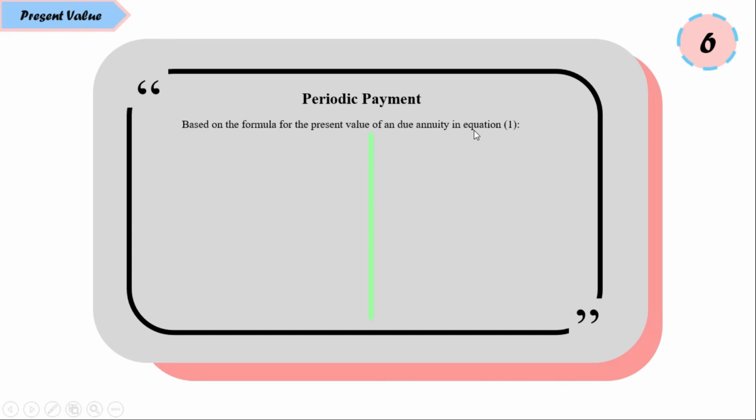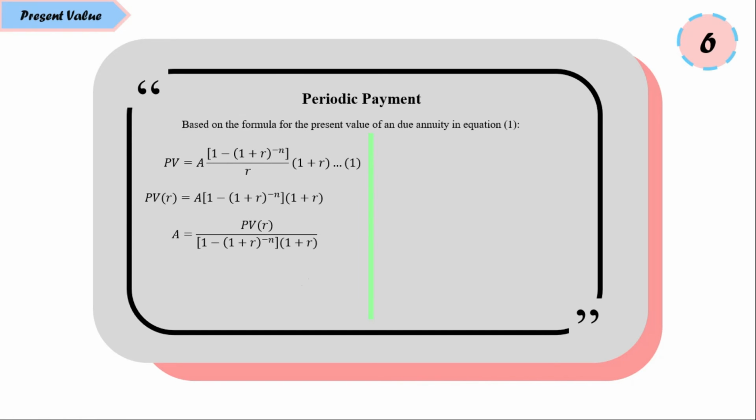Periodic payment, based on the formula for the present value of an annuity in equation 1, we can get the formula for A equals present value times R divided by (1 plus R) minus (1 plus R) to the power negative N plus 1.